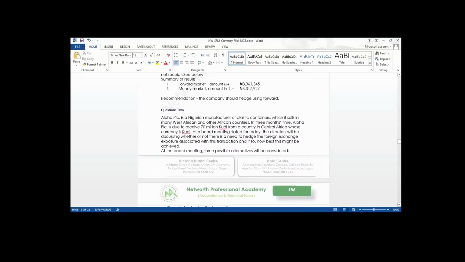If there's no question, we can take like 2 minutes to stretch our legs and take water. When we get back, we shall look at question number 2.